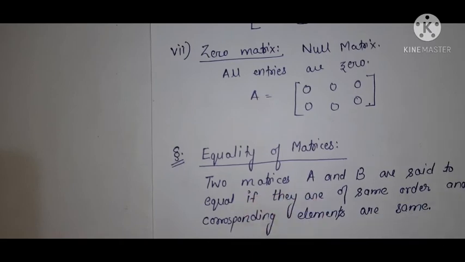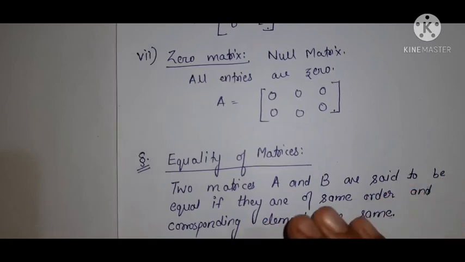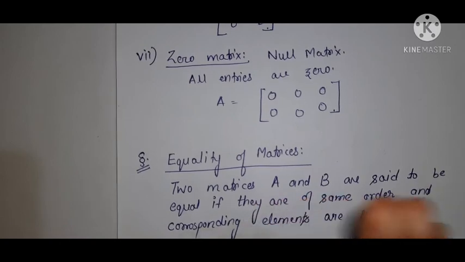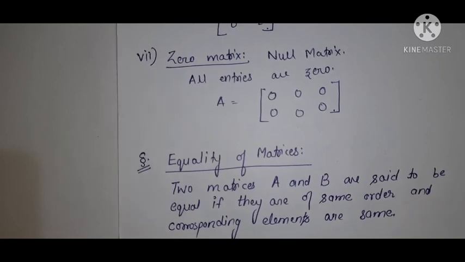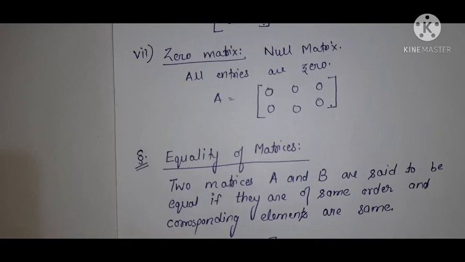Means two matrices are said to be equal if they are of same order. Means if one matrix is 2 by 2, then another will be 2 by 2. Okay. If the first one is 2 by 3, then another one will be 2 by 3. Then this is the first condition. And the second one is their corresponding elements should be same. Suppose you have A, 2, 3, 5, 6. These are the elements of A and it is a 2 by 2 matrix.